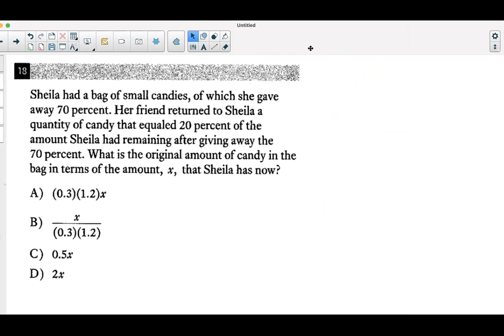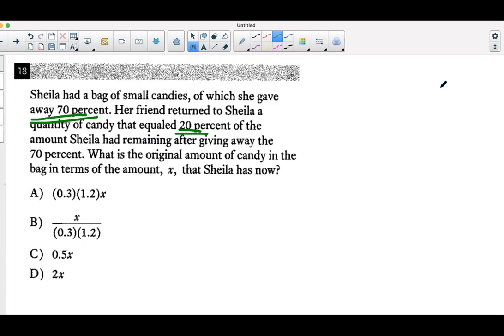So here, Sheila had a bag of small candies, of which she gave away 70%. The fact that she gave away 70% means she only has 30% left, right? Her friend returned to Sheila a quantity of candies equal to 20% of the amount that Sheila had remaining after giving away. So this 20% was based upon 30%.